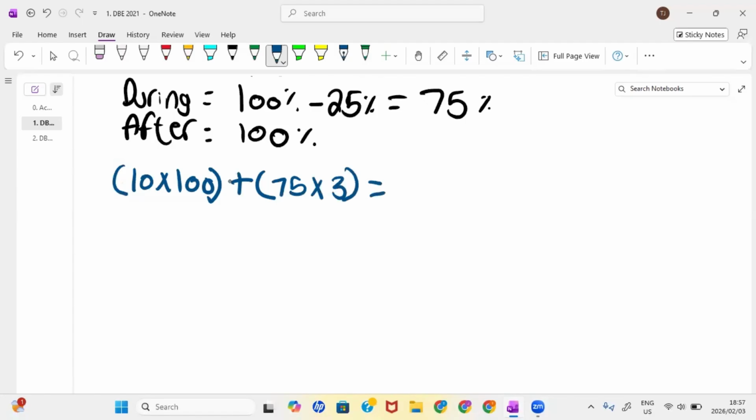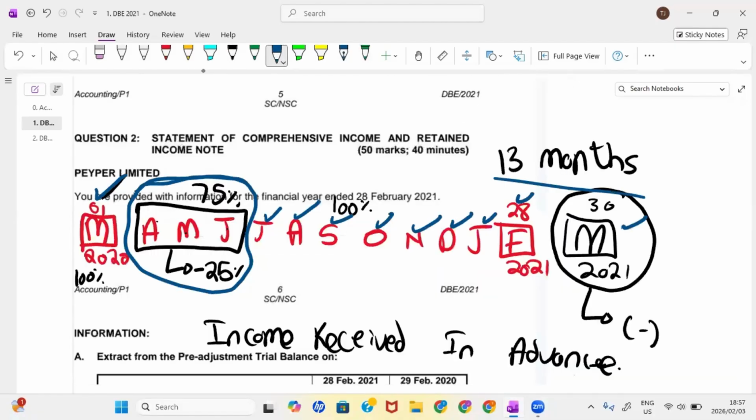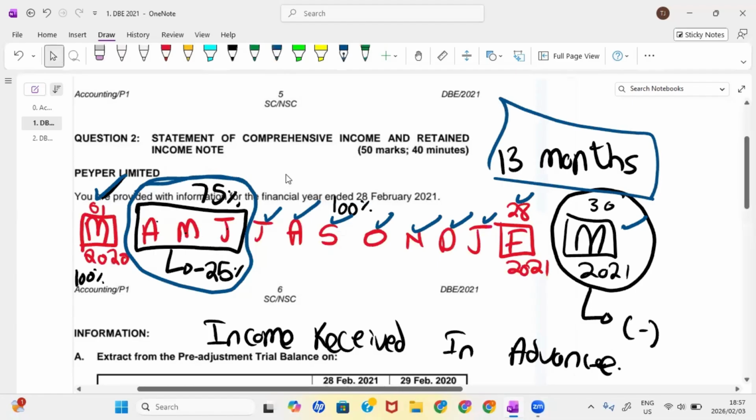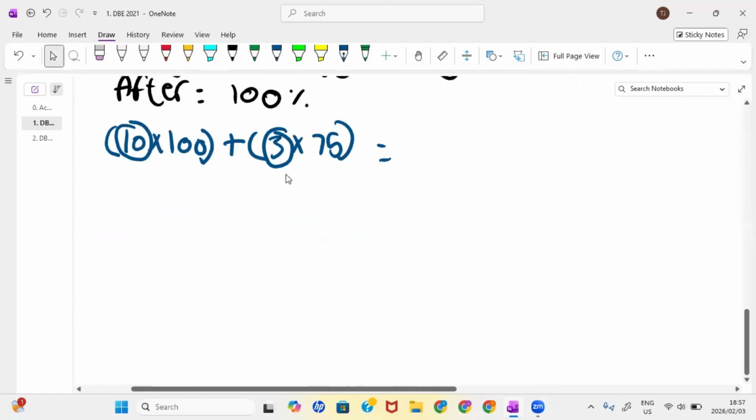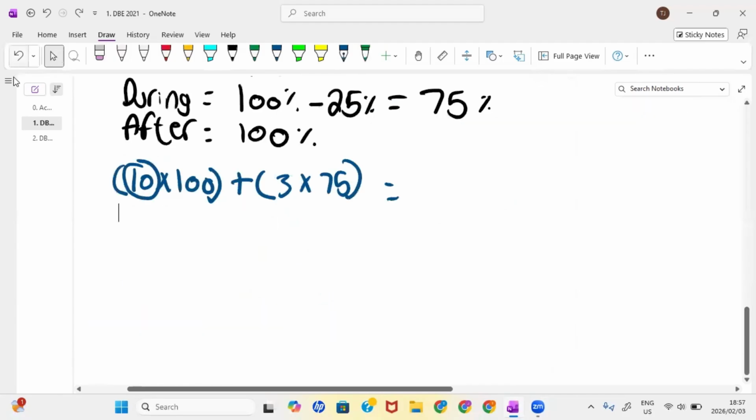Let me just write it like this: 3 multiplied by 75. If you look at this, we have the 10 here and the 3 here. 10 plus 3 is 13, which represents the full 13 months in which we received our rent income, right? So we're on the right track.